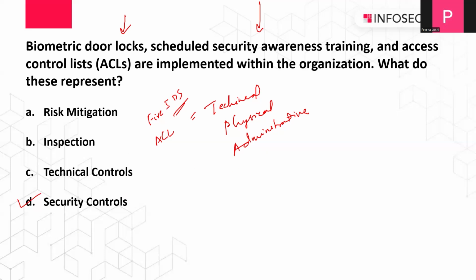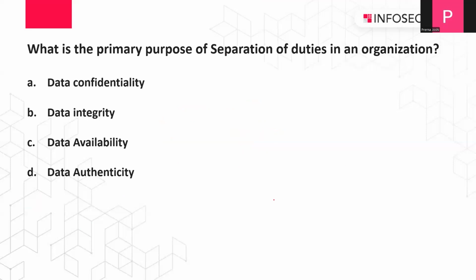Now let's move to the next question, which says: what is the primary purpose of separation of duty in an organization? Separation of duty means that no one individual has all the control in the organization.